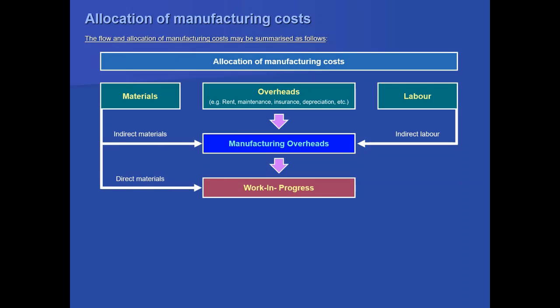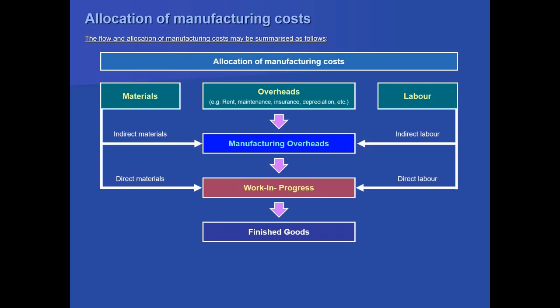And then the direct materials we know will also end up in the work in progress account on the debit side. Similarly with the direct labor, it will also end up in work in progress on the debit side.